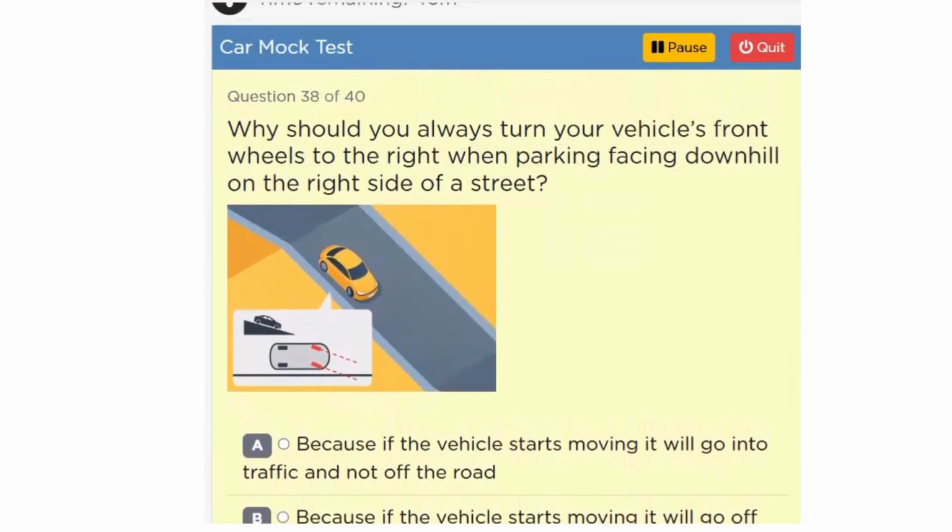Why should you always turn your vehicle's front wheels to the right when parking facing downhill on the right side of the street?